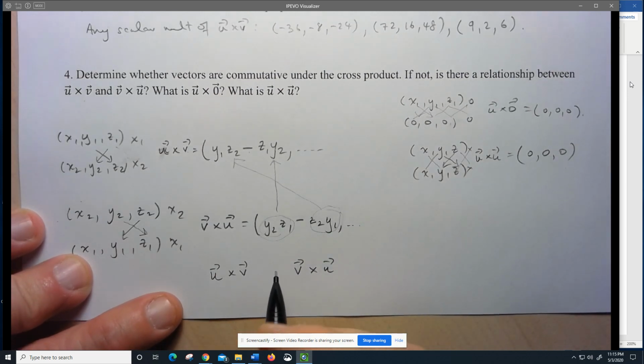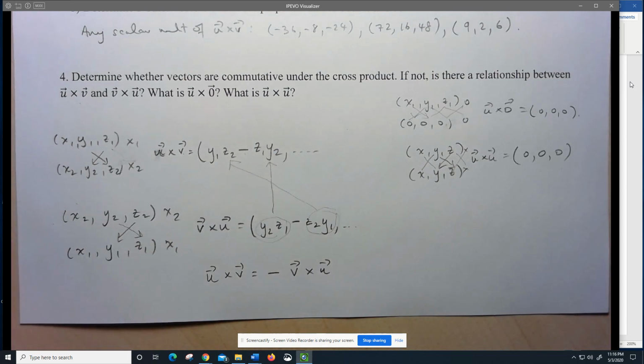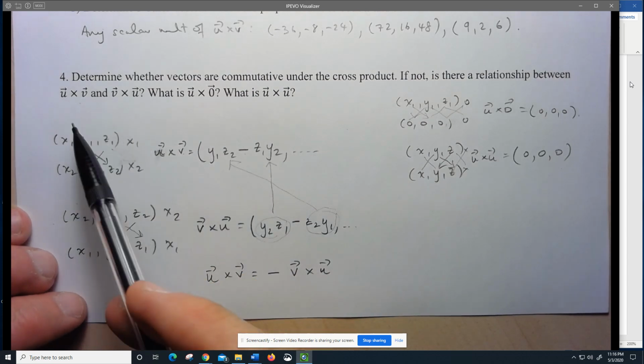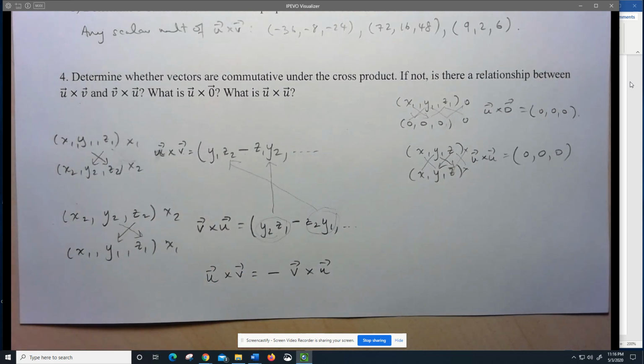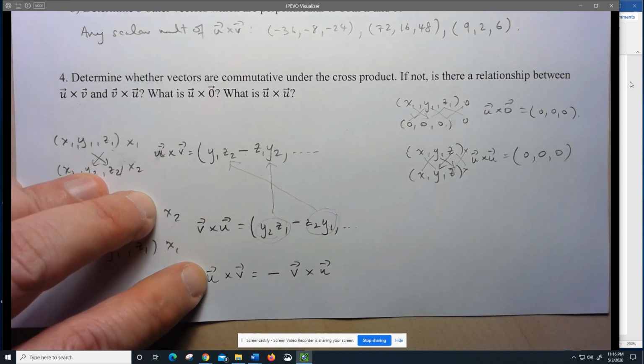So it's not commutative, but they are negatives of each other, and so that's what we call anti-commutative. Okay, so later on we'll see that there's a whole bunch of other characteristics that they have, but probably this is the one we might use once in a while, is the fact that u cross v and v cross u are negatives of each other, or their opposite vectors, okay?